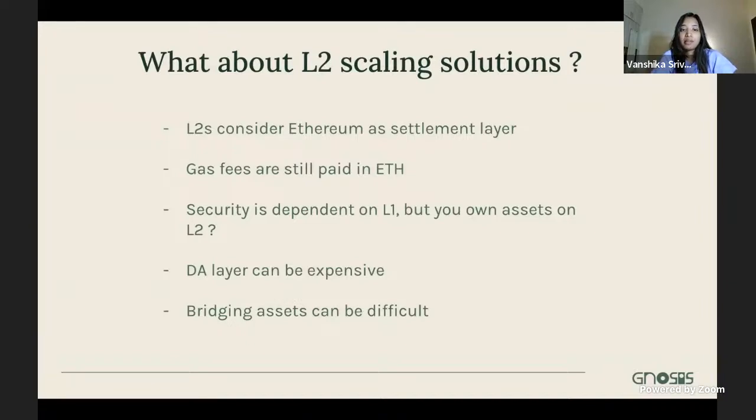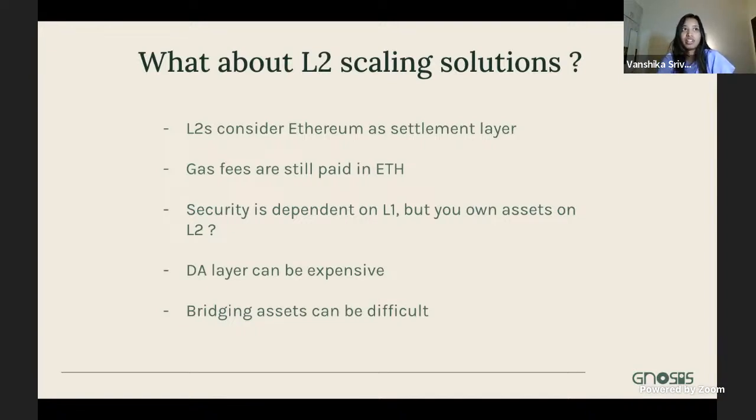So as I mentioned, L2s consider Ethereum as the settlement layer. You pay the gas fees in ETH, and it's very volatile, right? The security is another important aspect for your entire L2. You have your assets on L2, and you need to bridge them across to L1 or vice versa.